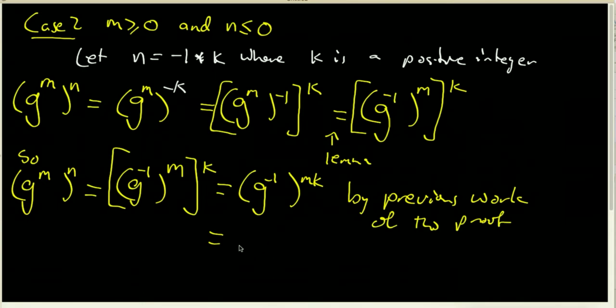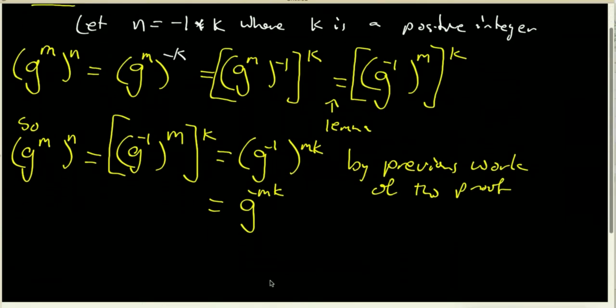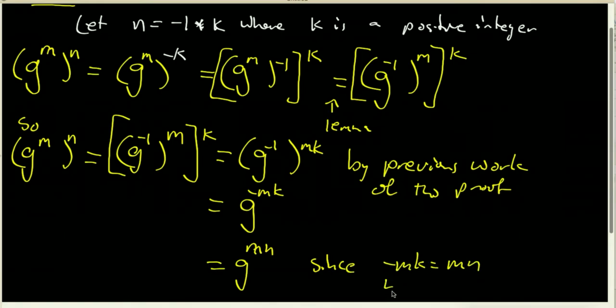Well, at this point, I can now rewrite this using our lemma as g to the minus mk. But g to the minus mk is g to the mn, since minus mk is equal to mn, because if you remember, minus k and n are the same thing. So case 2 is done.